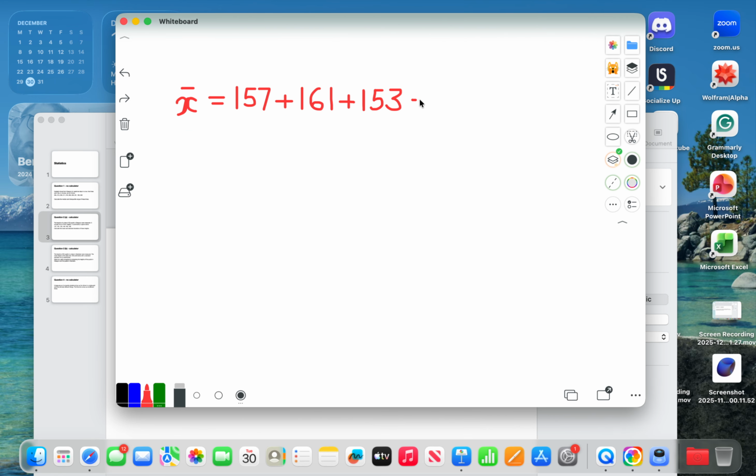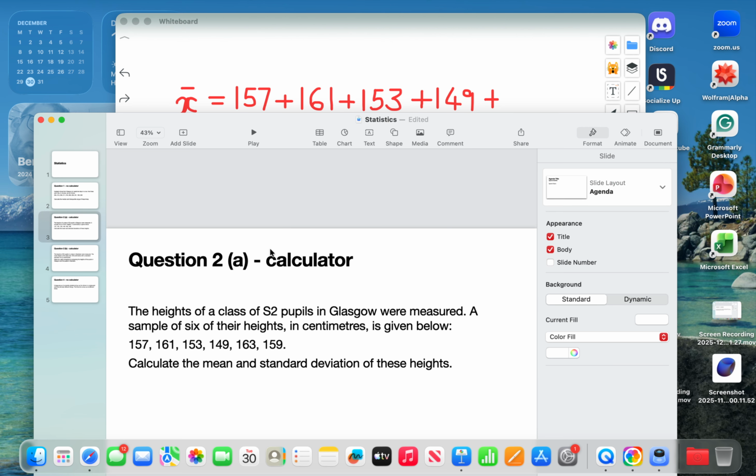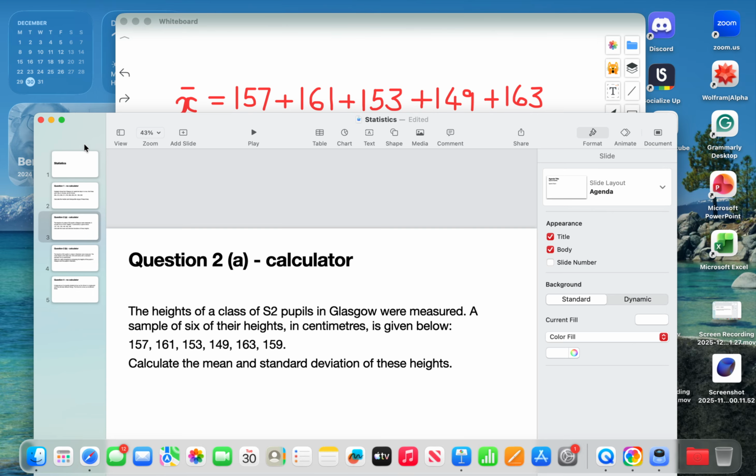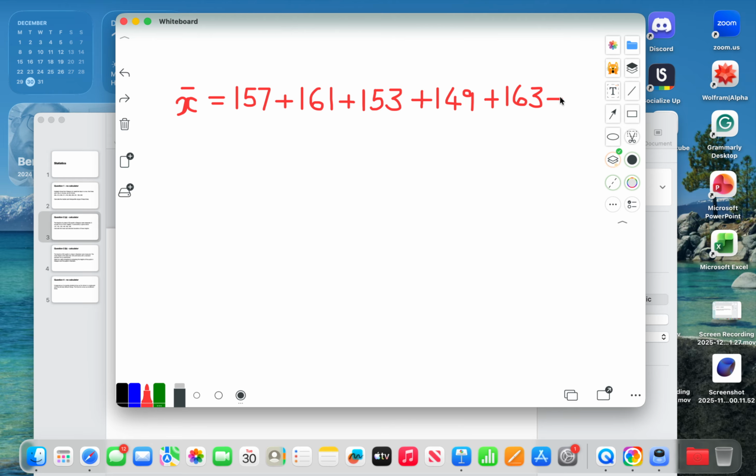Plus 149. You want to add all of these up. Plus 163. Add 159. And we want to divide it by the number of numbers.